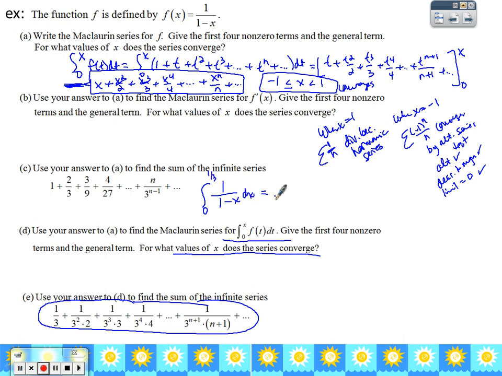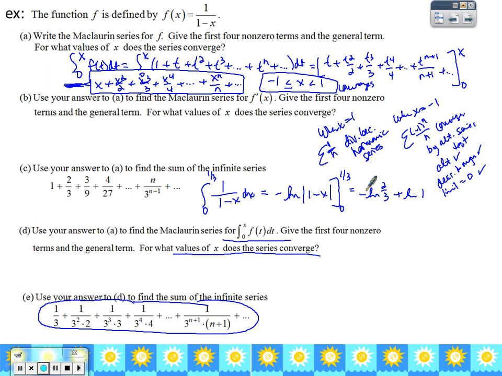And we get to remember our fun integration. What is the integral of that? Yep, negative ln of 1 minus x, evaluated from 0 to 1/3. So we do that, and we get negative ln of 2/3 plus ln of 1. What's ln of 1? 0.